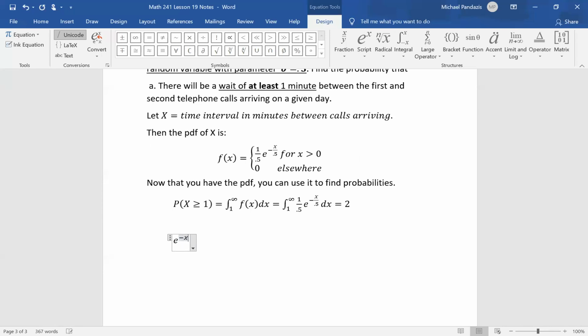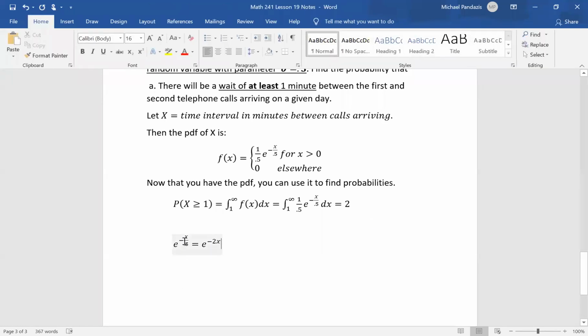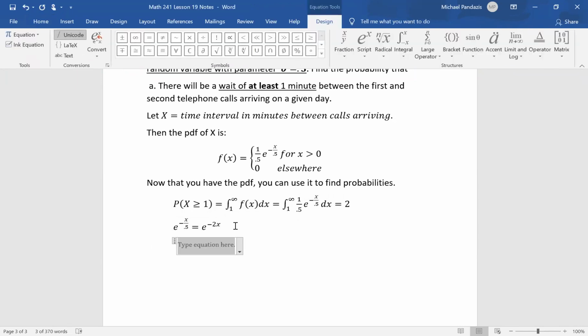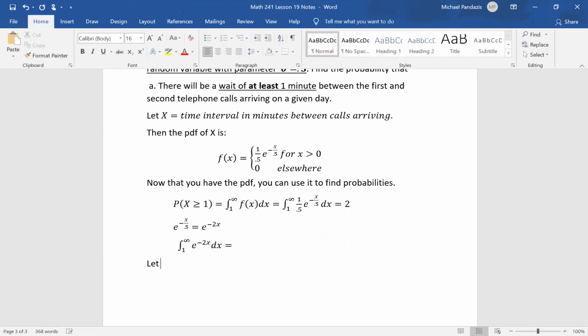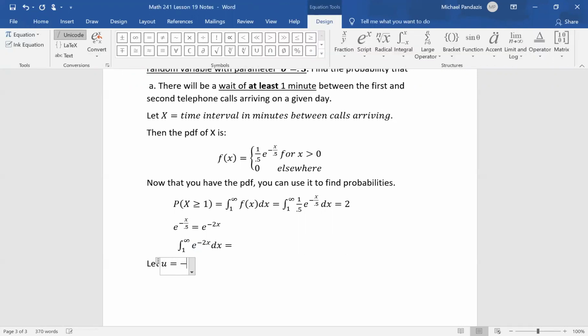Okay, e to negative x over 0.5 is the same as e to the negative 2x. So here we have the integral from 1 to infinity of e to the negative 2x dx. So when you integrate that, you let u equal to negative 2x.